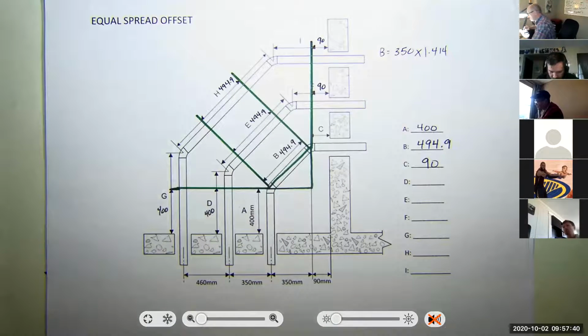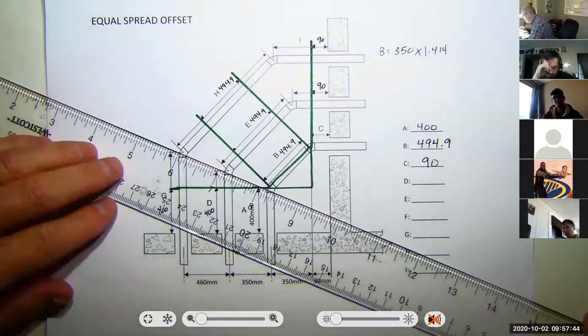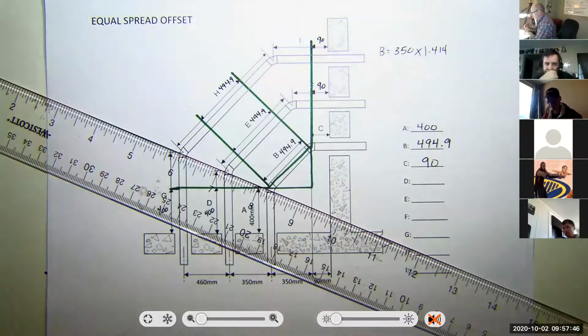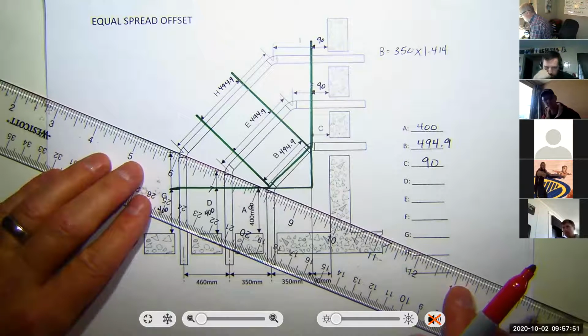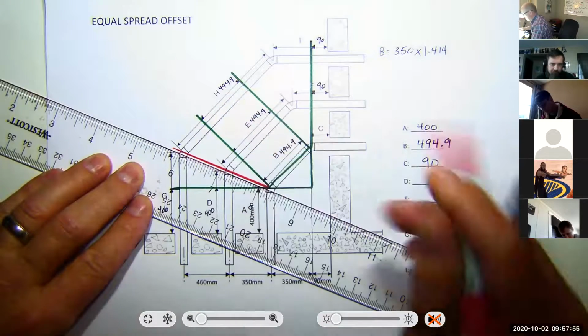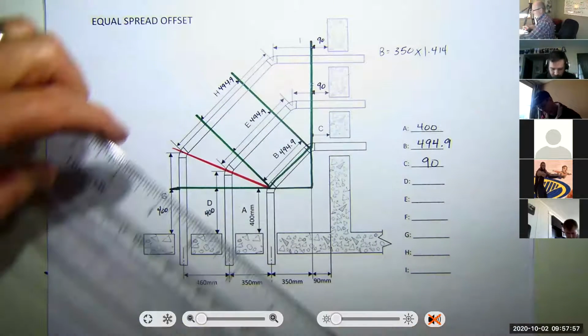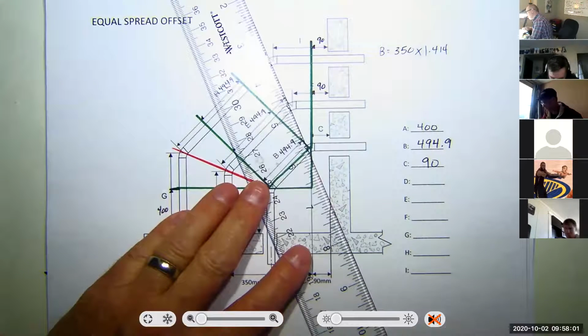What I'm going to do now is take my 45s at the start all the way through, because it's equal spread, and cut them right in half. Cut my 45s in half over here.